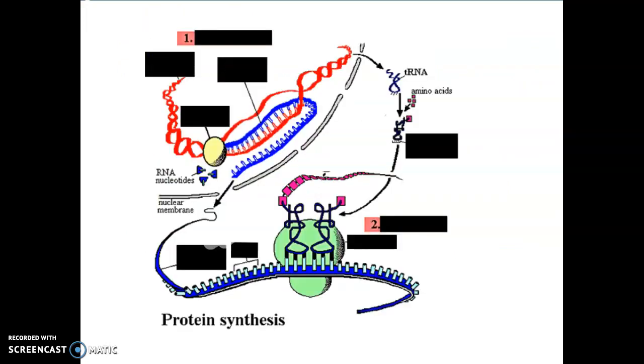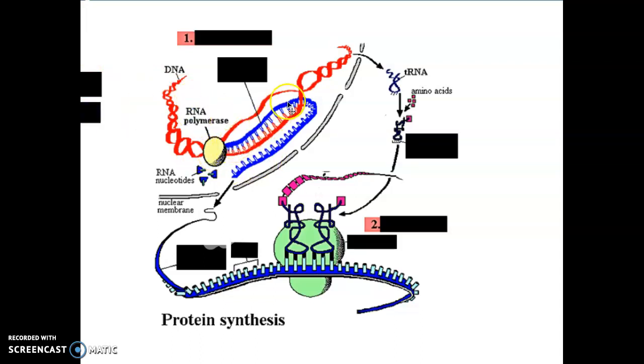Okay, so guys, here's a picture of the entire thing, and I know this is going to look difficult to you, but bear with me, okay? So here's the nuclear membrane. I want you to think step one is all in the nucleus, okay? Let's do some things that I know you know. The red double-stranded thing, you know that as DNA, right? This is an enzyme. You don't need to know the name of it.